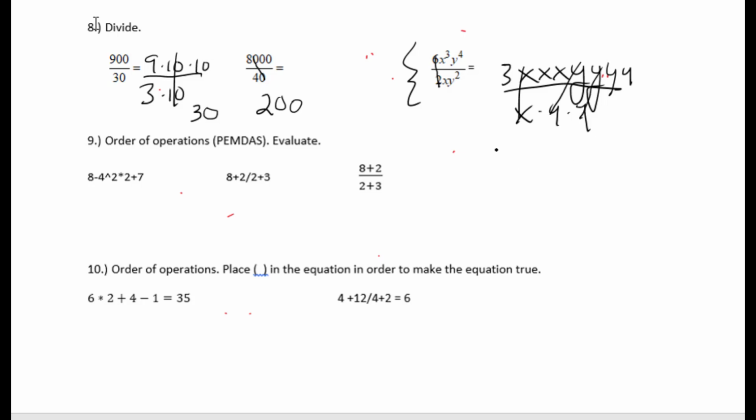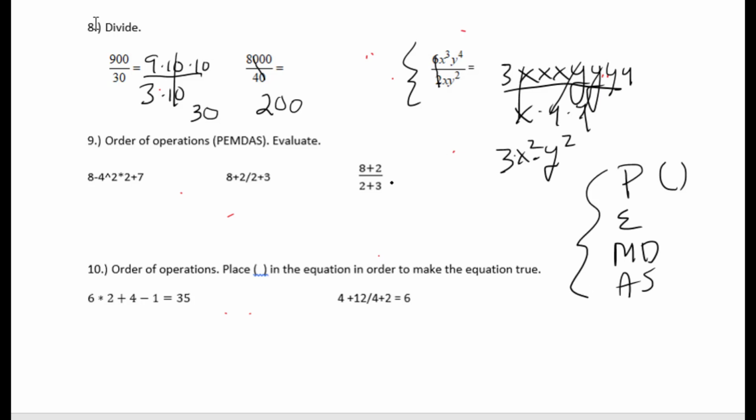So my final answer is 2 x's, or x times x, which is x squared, times y, which is y squared. Usually we don't put the multiplication signs in. These are order of operations, and it follows this, please: parentheses first, exponents second, multiply and divide, same order as they come, add and subtract. So if you follow this, you're going to be in good shape.